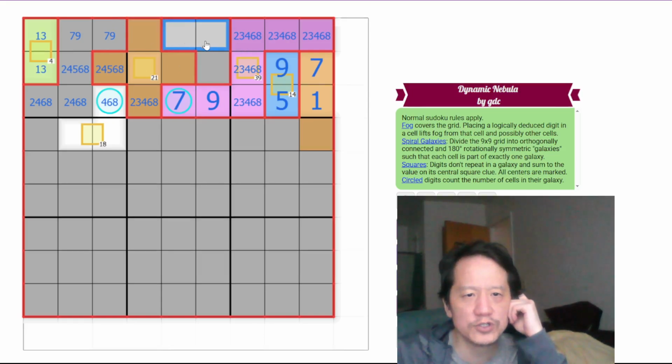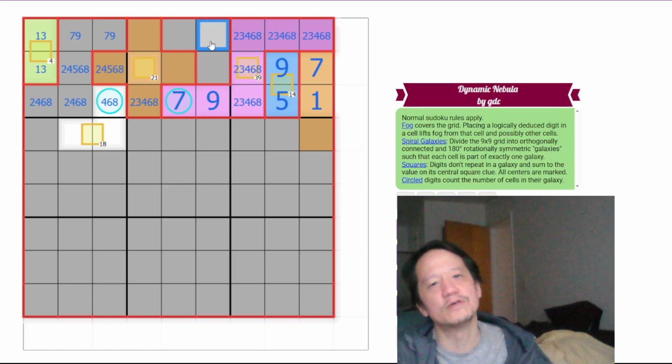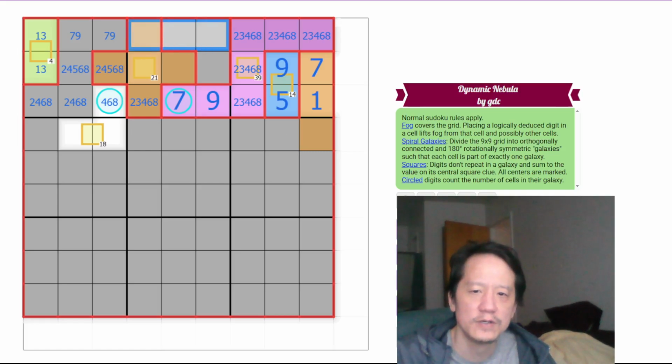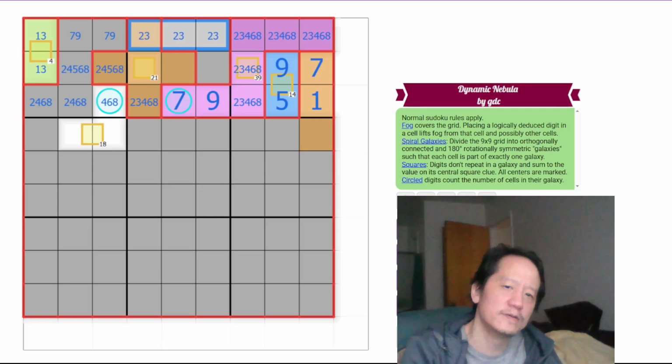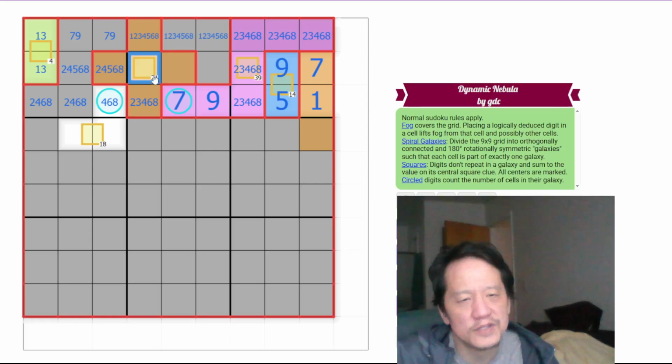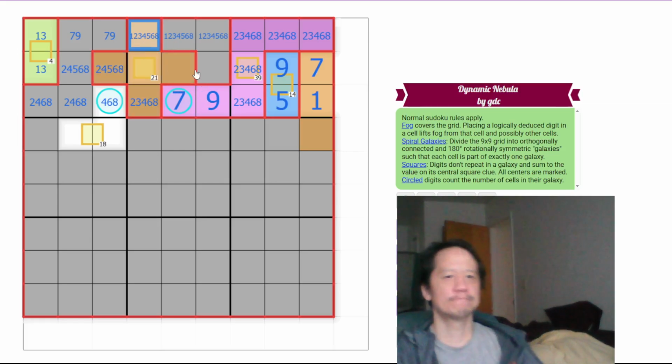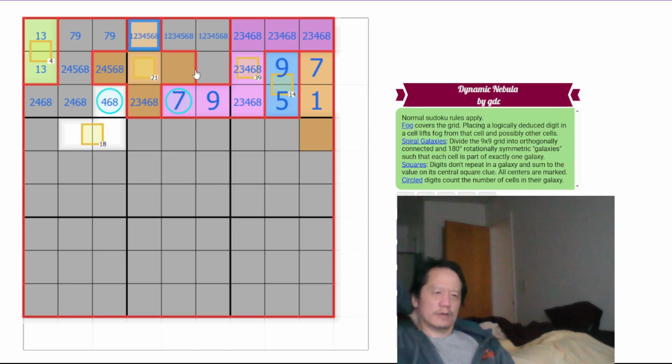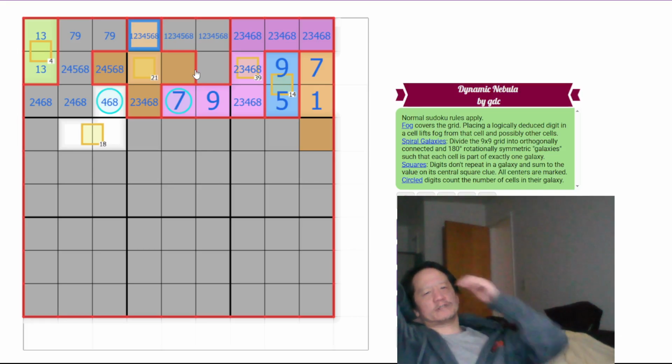I guess it could be a 2 and a 1. We don't know how this is exactly broken up. This is 2, 3, 1, 5, 4, 6, 8. This adds up to 21 without a 7 or 9. What are the possibilities?